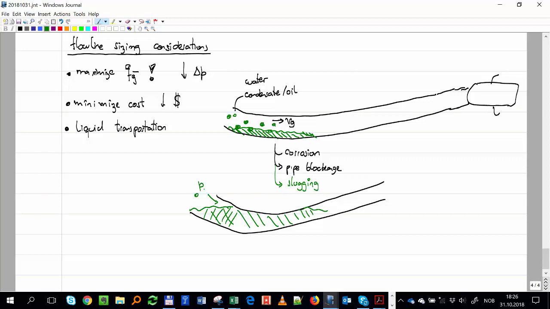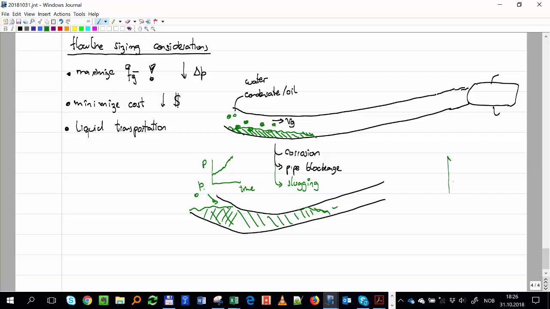But the well is still producing, pushing that gas from behind. So the pressure will go up and up and up in time, until it is enough to overcome the hydrostatic height, and it just flushes the whole liquid out of that low point.